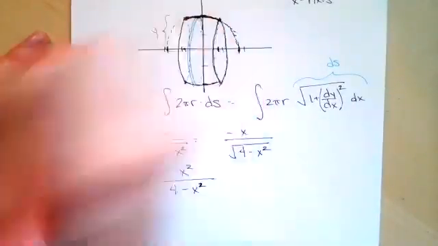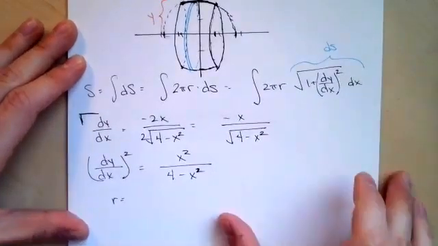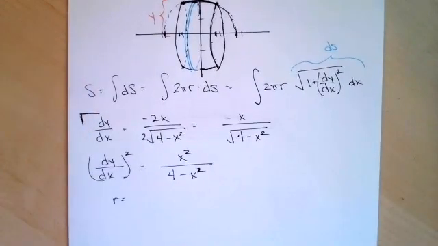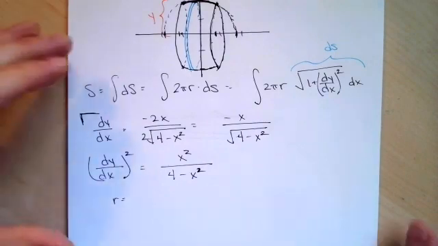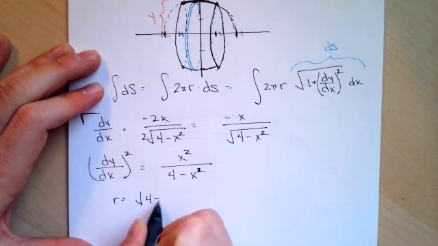It's Y is our radius. And so what we're going to have to do is then plug in for our radius the function again. So our radius is square root of 4 minus x squared.